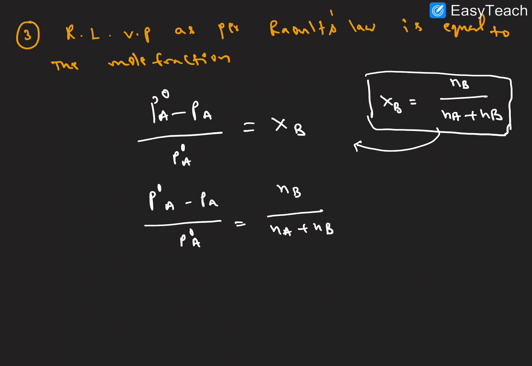So already we discussed, this is the colligative properties of dilute solutions, right? Dilute solution means the solute concentration is very less, right? For dilute solutions, nB is very less than nA.